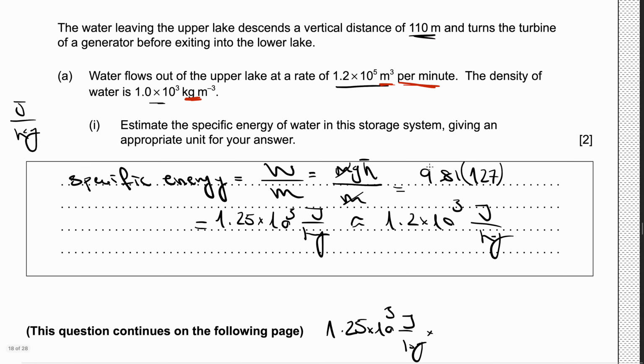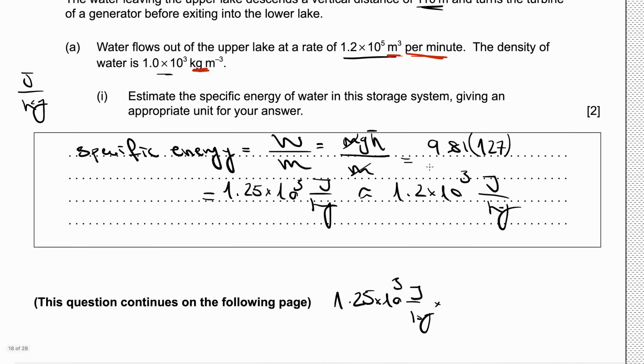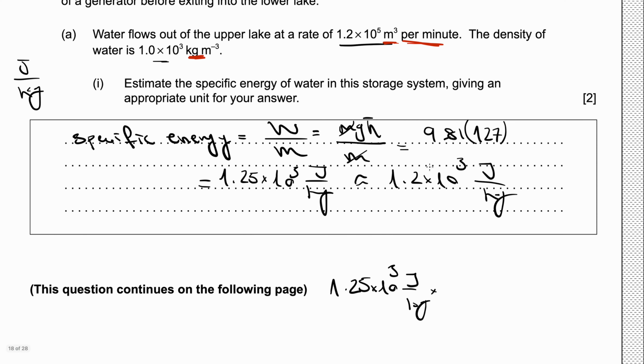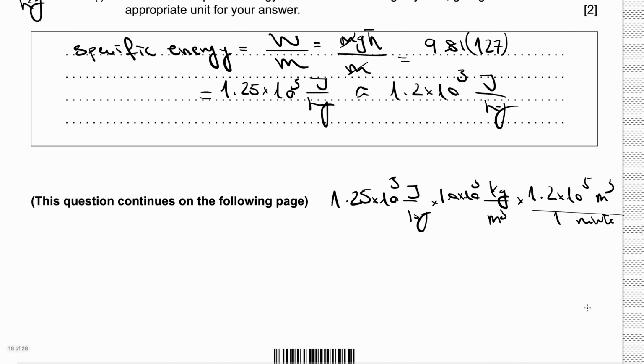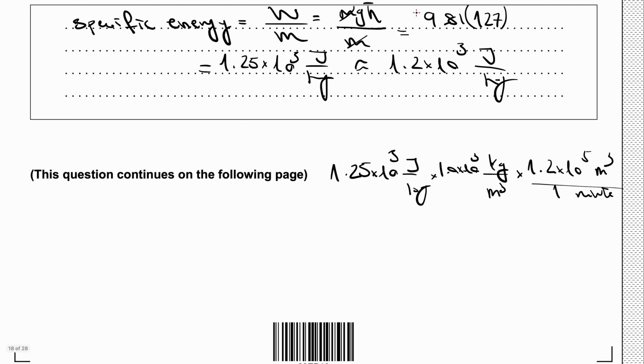Then, to get rid of that kilogram, I would multiply it by 1.0 times 10 to the power of 3 kilograms per cubic meter, and then multiply that by 1.2 times 10 to the power of 5 cubic meters over 1 minute. Your kilograms will cancel out, your cubic meters will cancel out, and you'll be left with joules per minute.